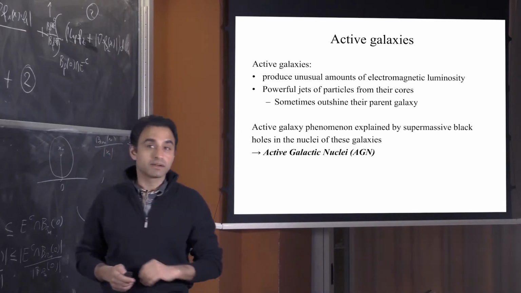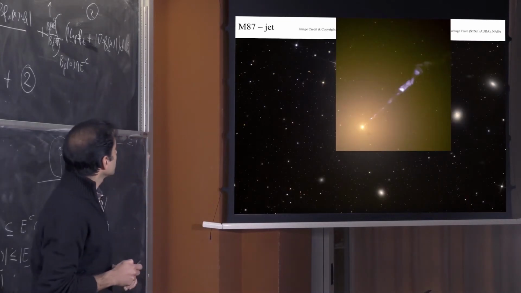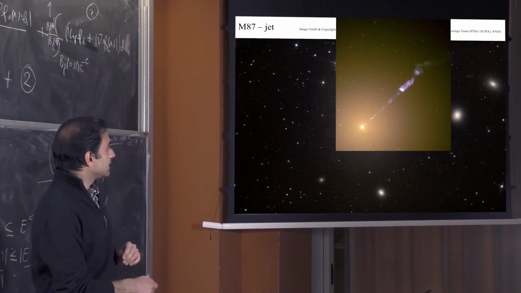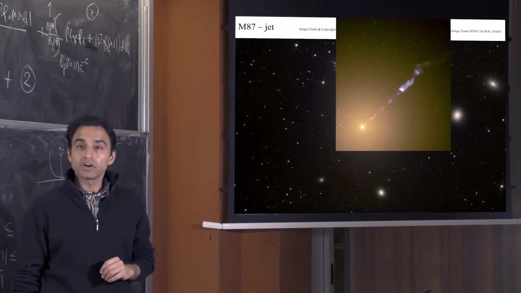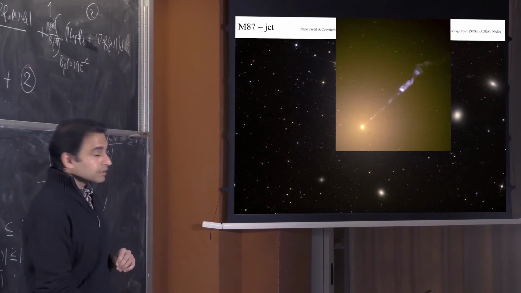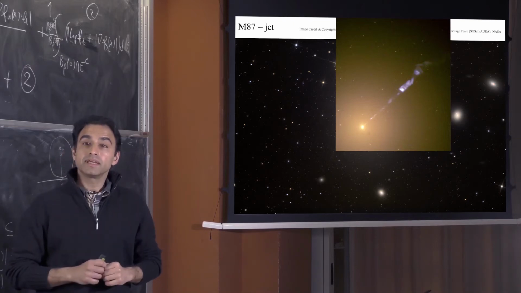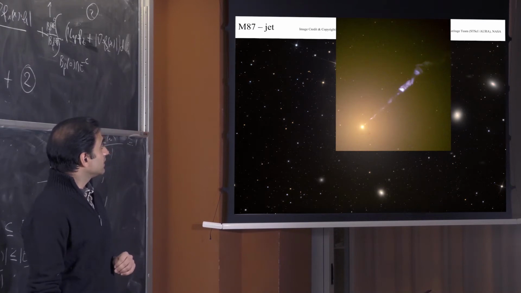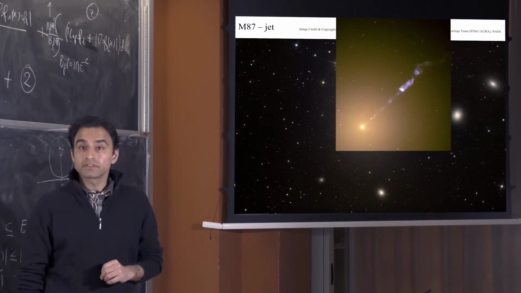So let's go and see what I'm talking about. What are these AGN? This is M87. This is an elliptical galaxy at the center of the Virgo cluster. It looks like a normal elliptical. However, it's not.